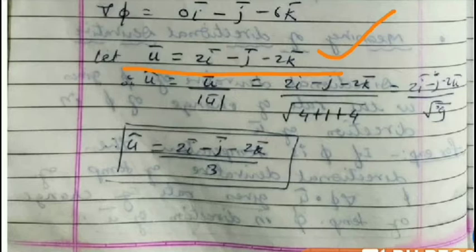Sometimes in some questions these values are not given, and two points are given. At that time we have to calculate it by the reverse difference formula. So the value of u bar is 2i minus j minus 2k.